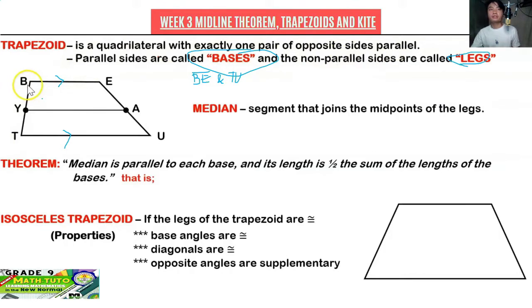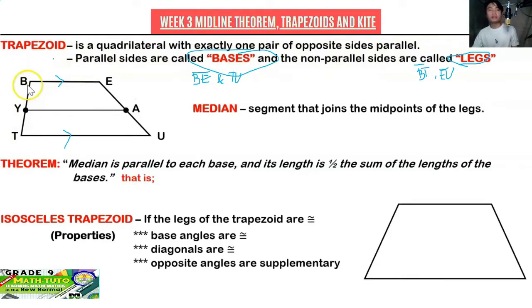The legs naman, BT. And what? EU. Okay. So, naintindihan po. Bases natin, the parallel sides. Then, the legs are the non-parallel sides.